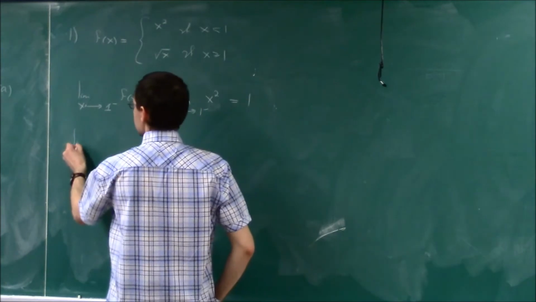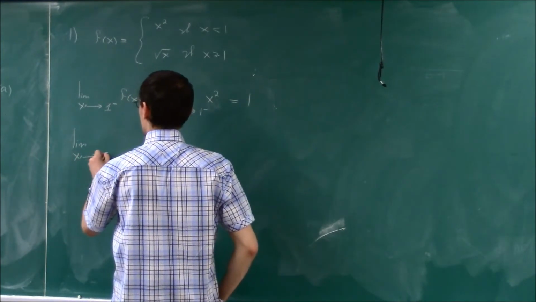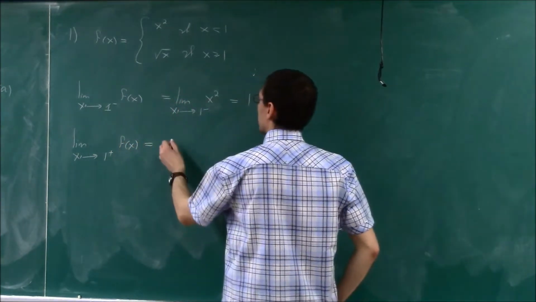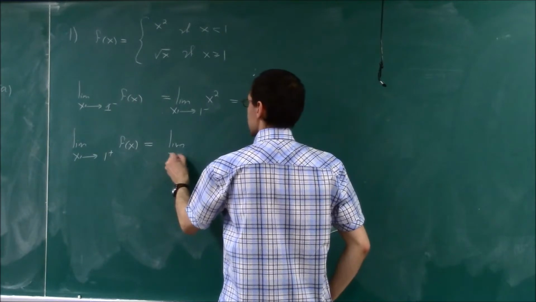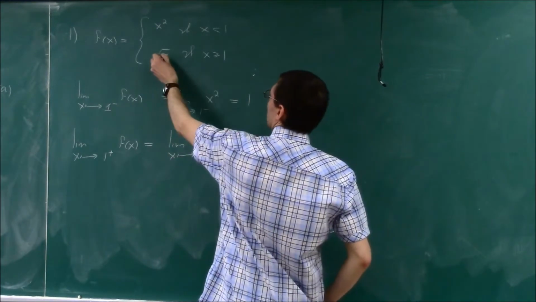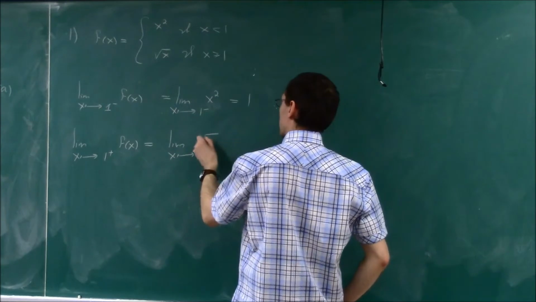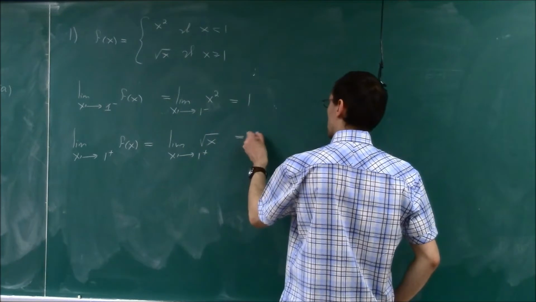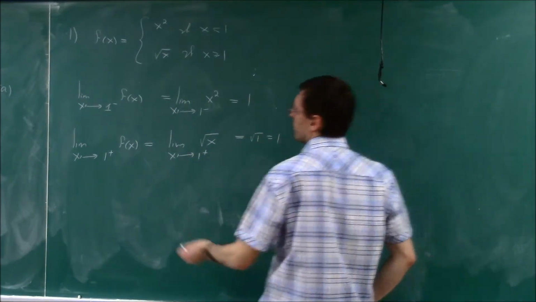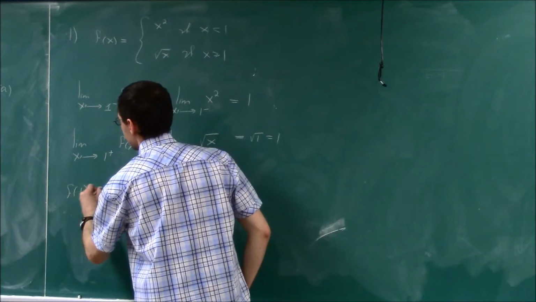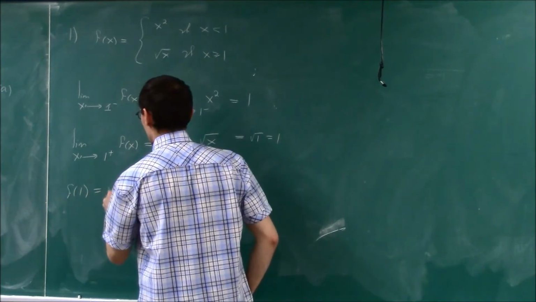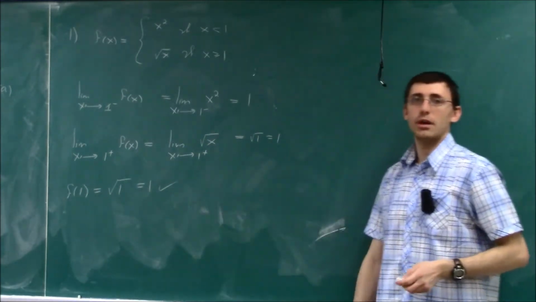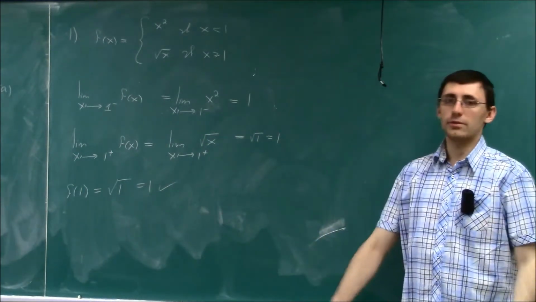Now limit as x approaches 1 from the positive direction of f of x, that would be the limit when I approach along the other part of the curve, along root of x. And again, this happens to be 1. Now finally, I verify that f of 1 is root of 1, which is 1. So the limits agree with the value of the function at 1. Therefore, the curve is continuous.